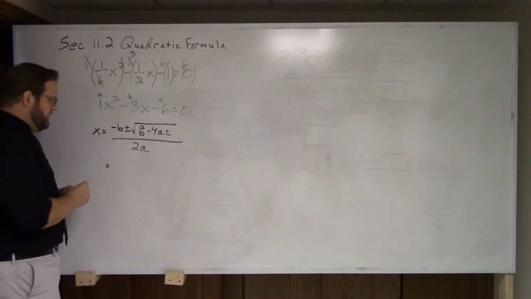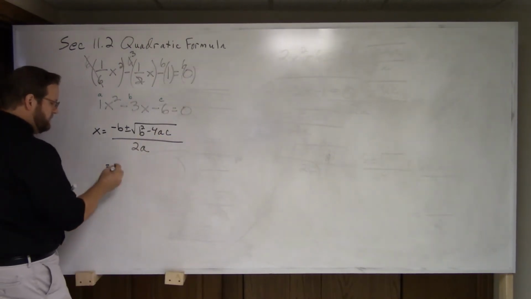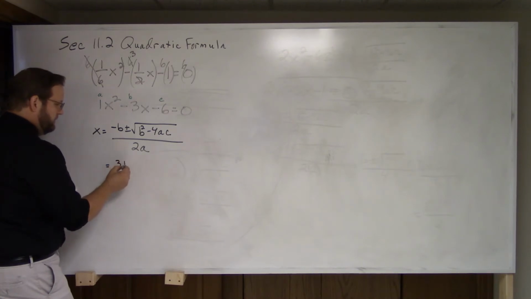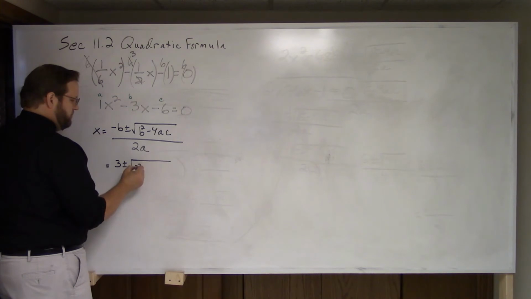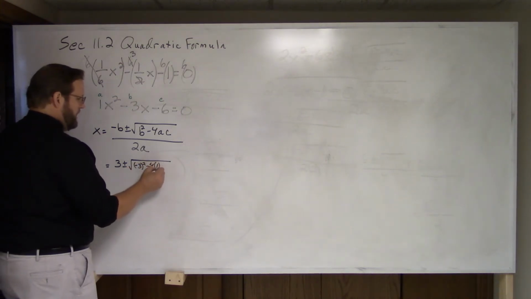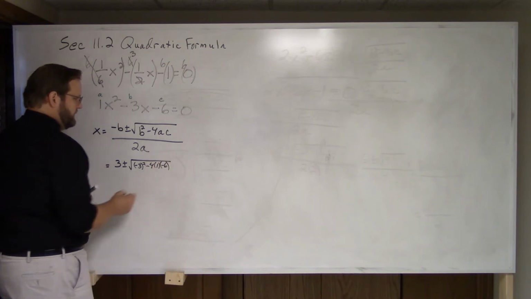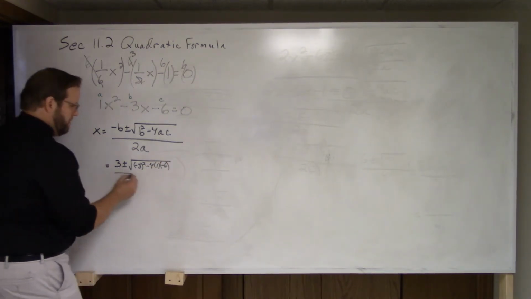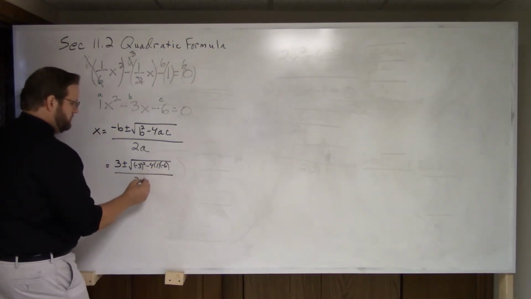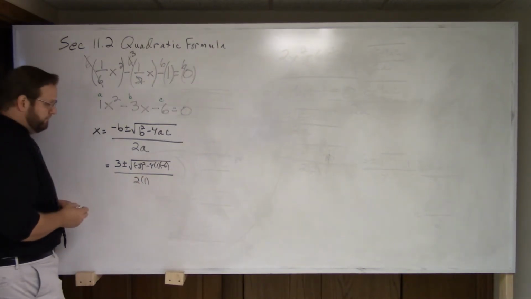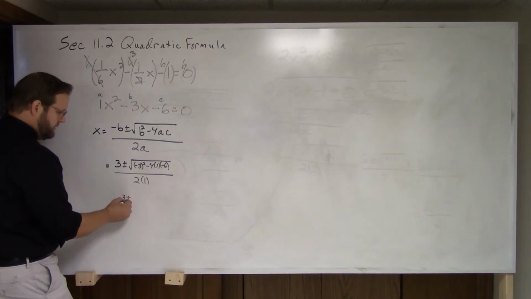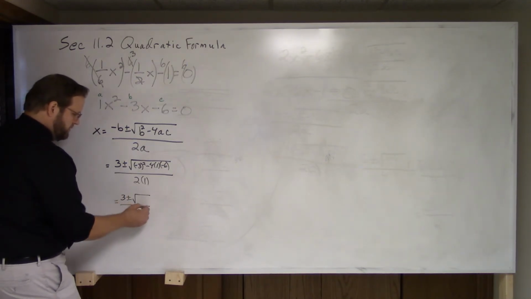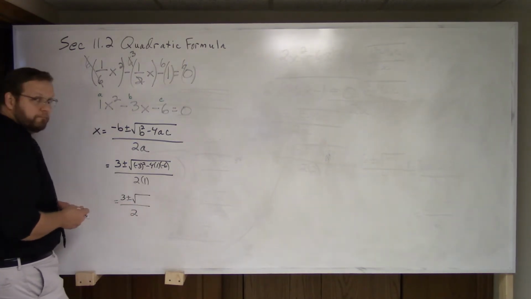Okay? So opposite of b is a +3 plus or minus the square root of -3 squared minus 4ac, all over 2a. And what that gives us is 3 plus or minus the square root of something over 2.